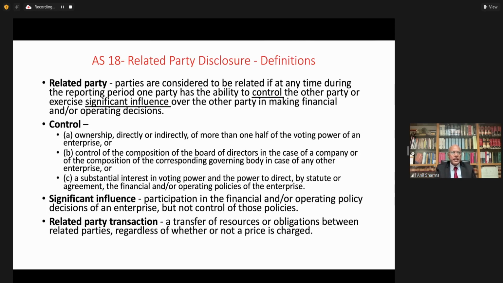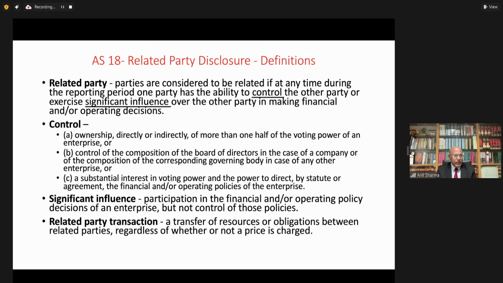Accounting Standard AS 18 is applicable in some cases, as you know; somewhere accounting standards are applicable, and somewhere Indian Accounting Standards, Ind AS, are applicable. One thing has to be made very clear: the Companies Act as well as the accounting standard have defined related party in a particular manner.